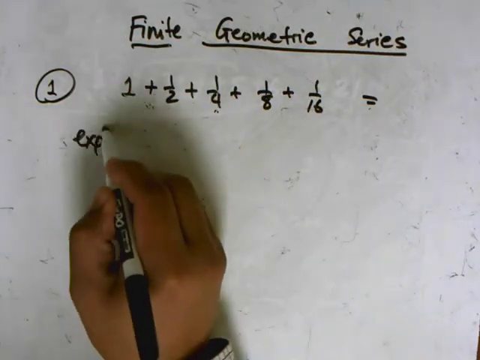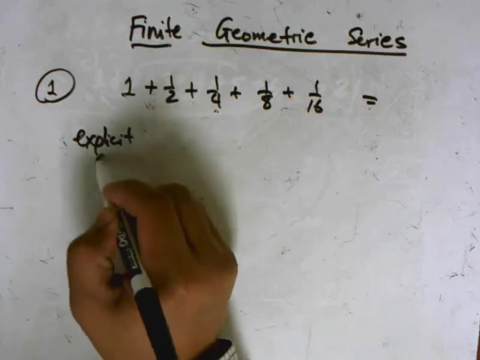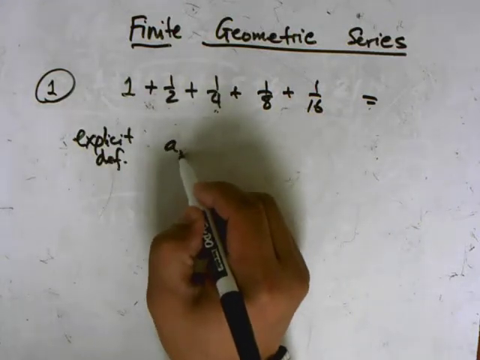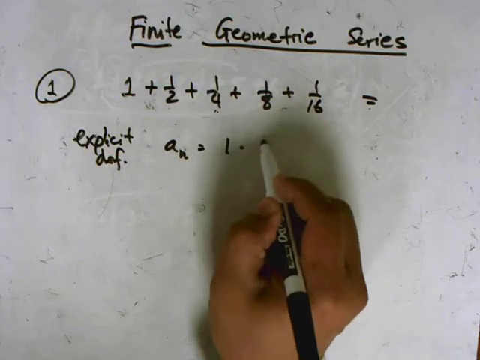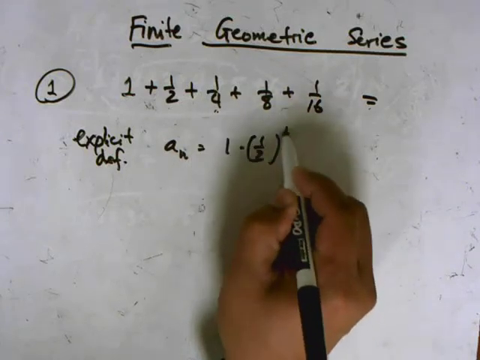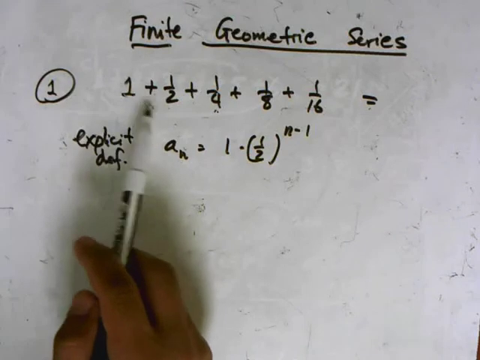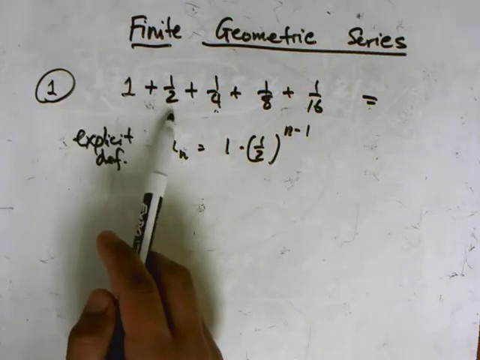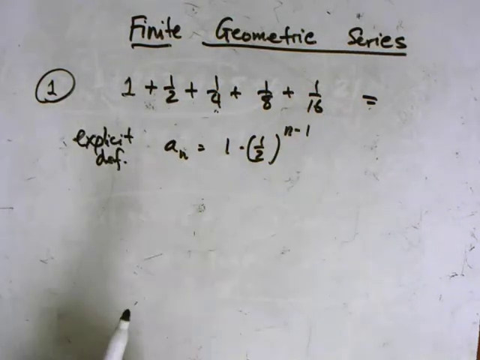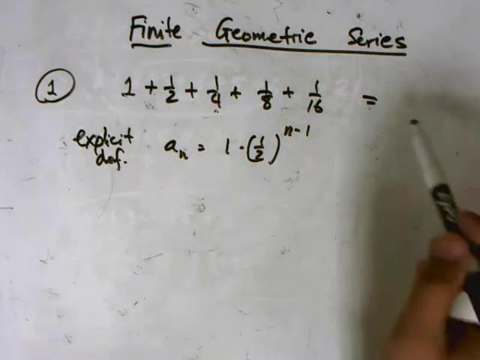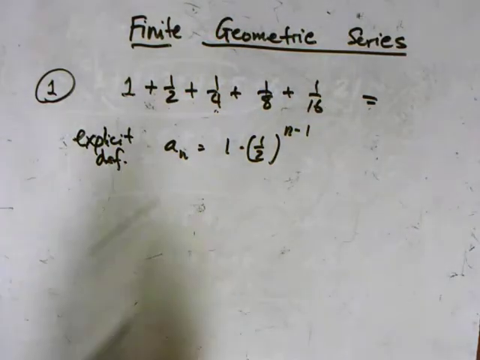So just to review, the explicit definition in this case would be that a sub n is equal to 1 times 1/2 raised to the n minus 1. So we're repeatedly multiplying the previous term by 1/2, and then we're adding them all up. You can certainly add this up and get a number for the result here.